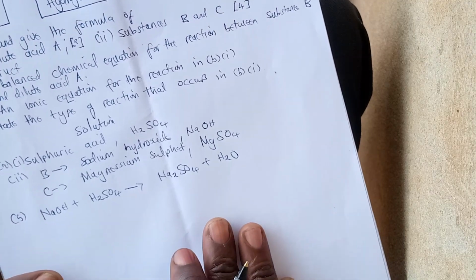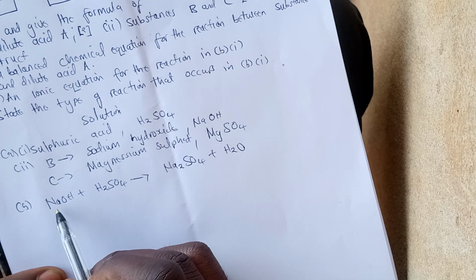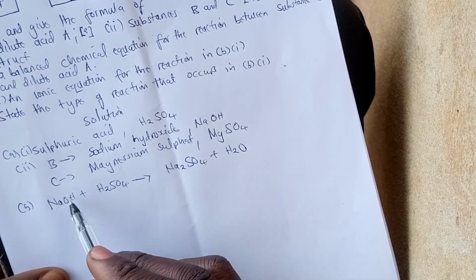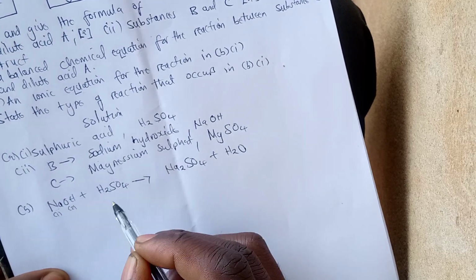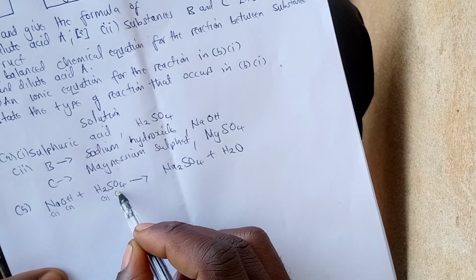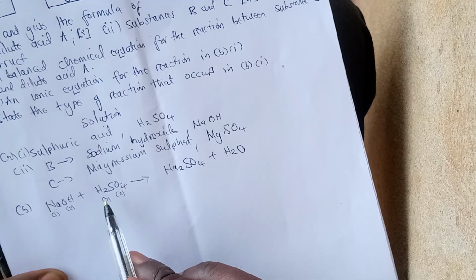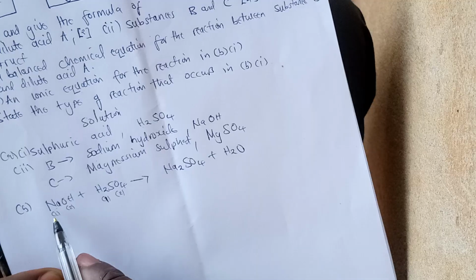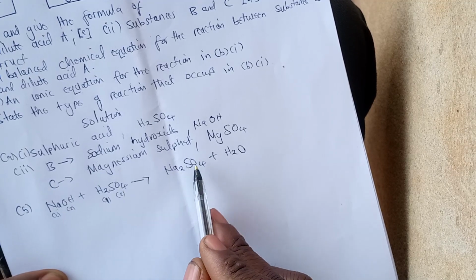For those who have been following my videos, this is the way the ions interchange. We name sodium as 1, hydroxide as 2, H2 as 1, SO4 as 2. The 1 on this side goes with the 2 on that side, so sodium goes with sulfate, and we have sodium sulfate.